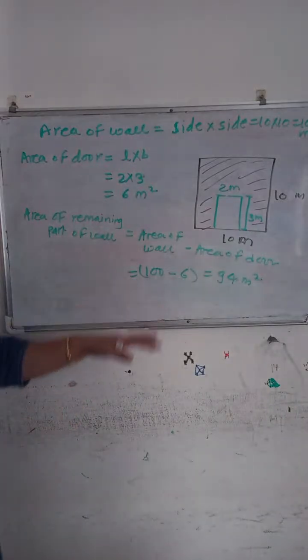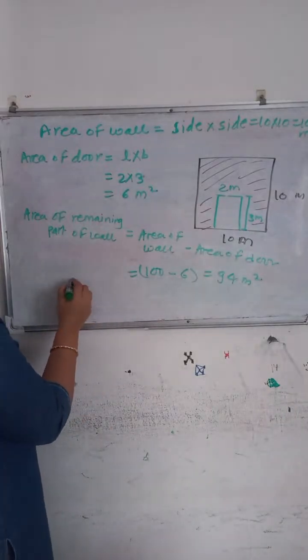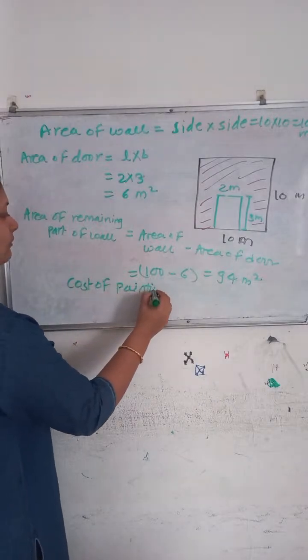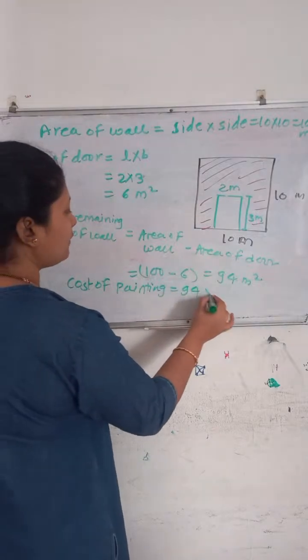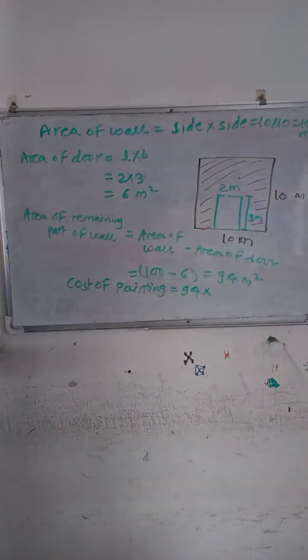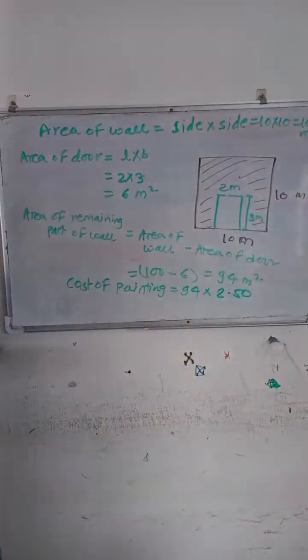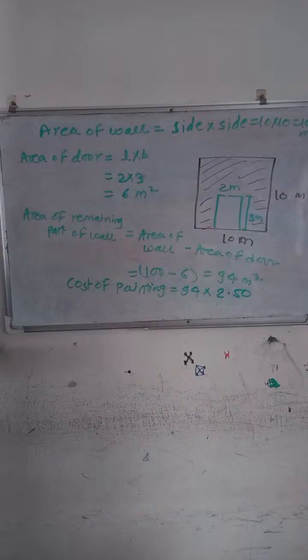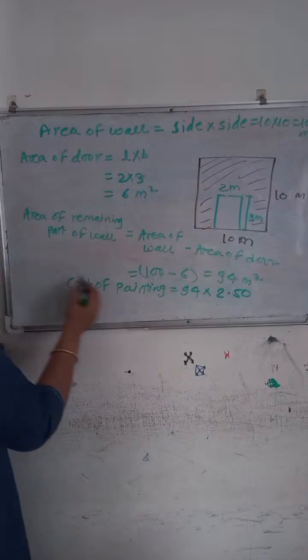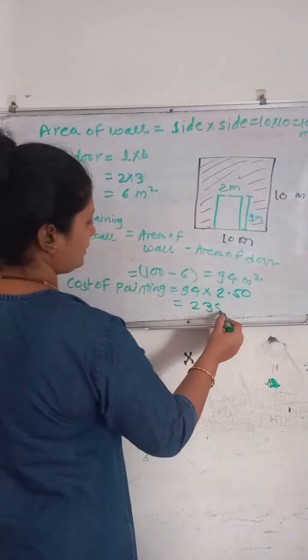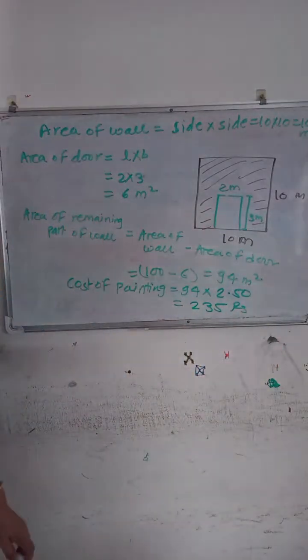And for that 94 meter square, they have given the cost also, no? So the cost of painting is 94, and per meter square how many rupees are they saying? 2.50. Multiply by this 2.50. Check what is the answer you are getting. Something like 235 rupees. This is the answer. Getting this?